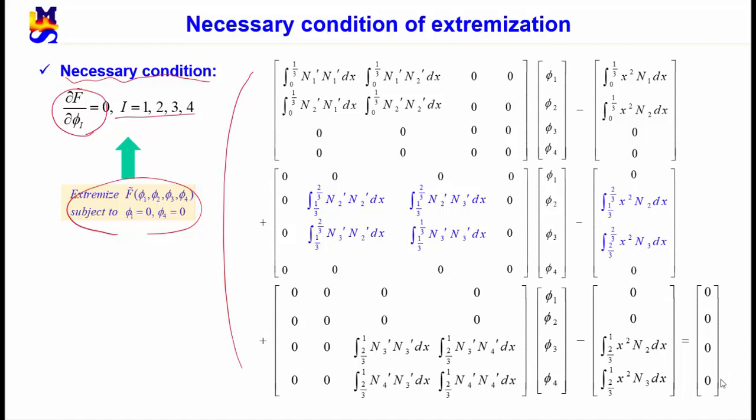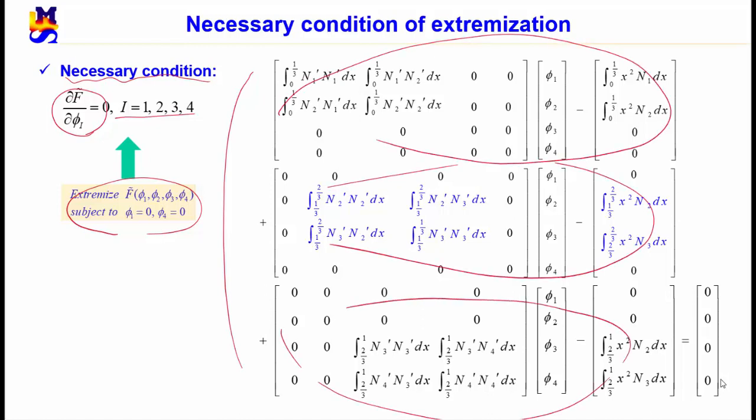I did not rearrange the equation on purpose, to visualize the contribution of each element to the entire equation. For example, we can see all the terms contributed by element 2 here and here, written in blue color.